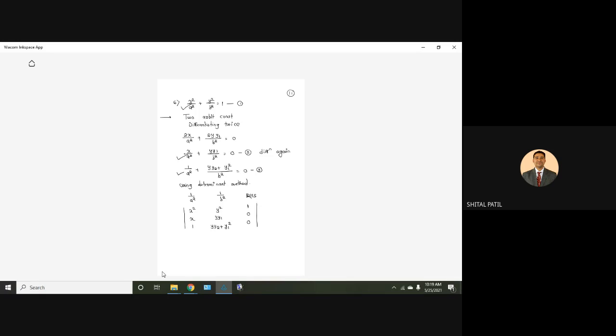Okay, so x square, expand the determinant, you will get 0 only, minus y square, you will get 0 only, plus 1. So the multiplication of these two: x y y2 plus x y1 square minus y y1 equal to 0. That is the answer.